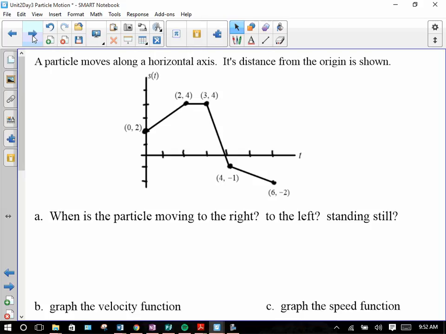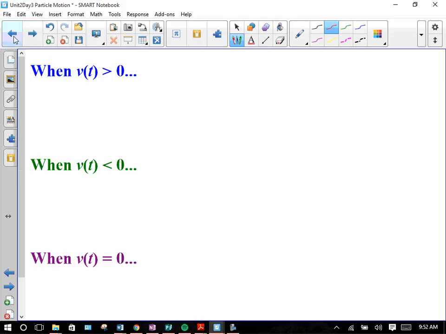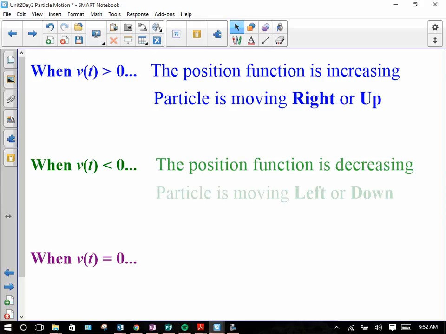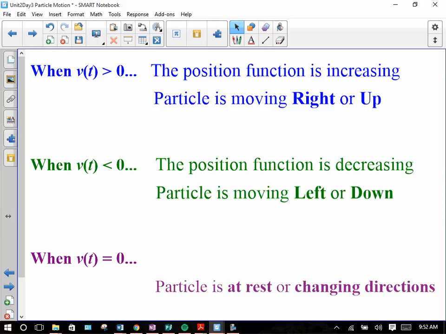Okay, so let's think about this. The position function is increasing when velocity is greater than 0, which means the particle is moving.